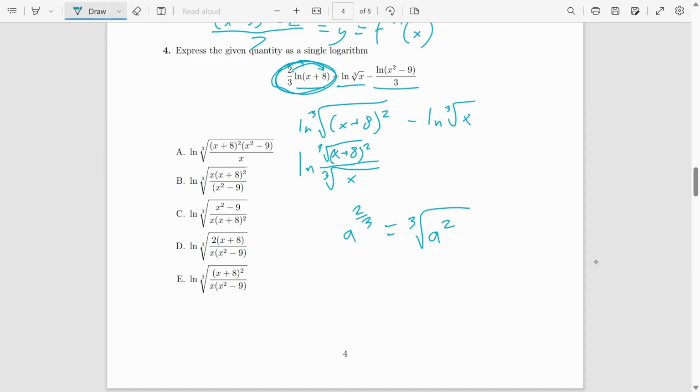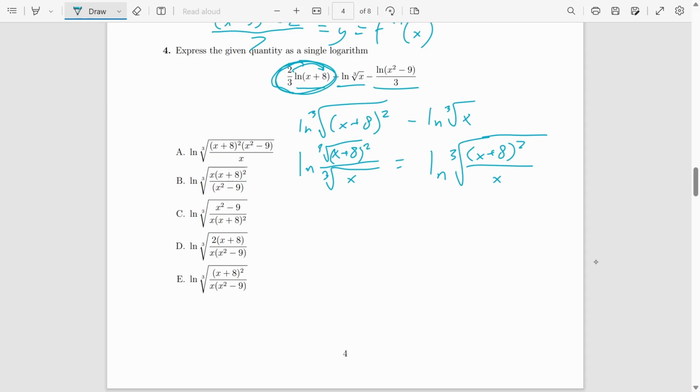And since both the top and the bottom are cube rooted, you can just take the cube root of the whole thing. So this equals, let me make a little room here, ln of the entire thing cube rooted, (x plus 8) squared all over x. So there we go.